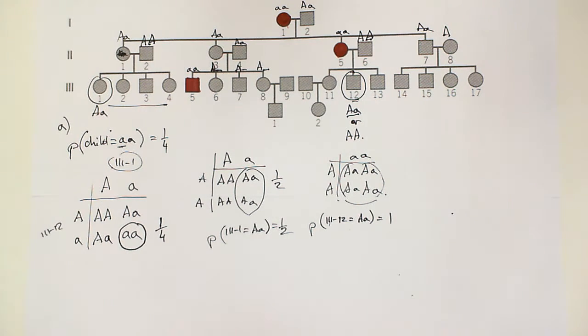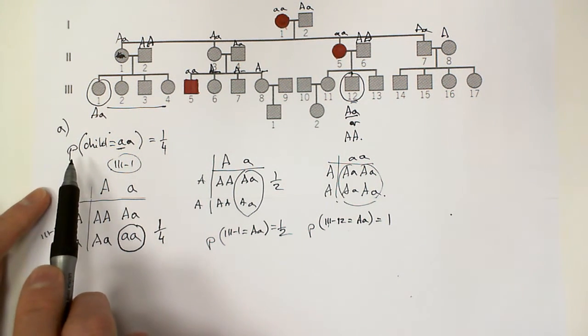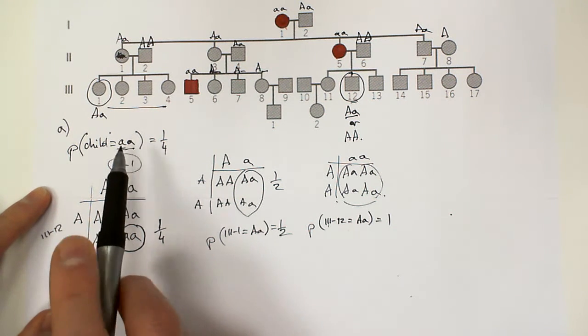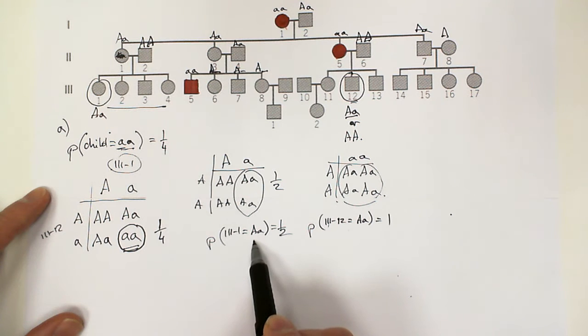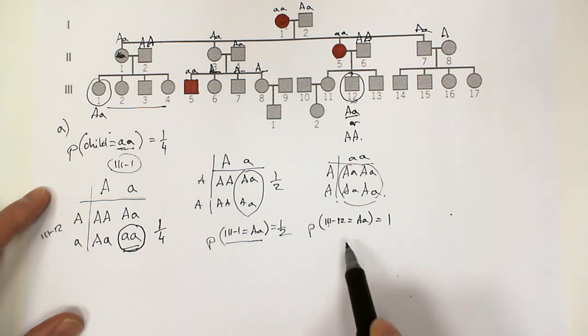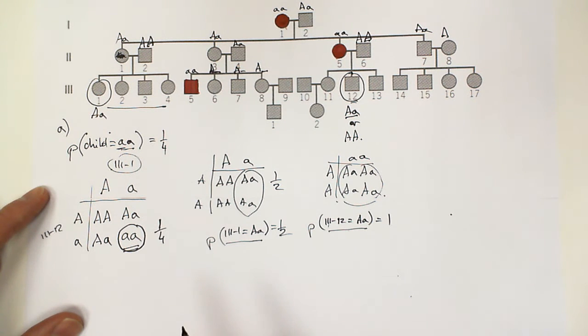So now again, the total probability or the chances that this child is little a is then equal to the possibility of the child getting this genotype from their parents, and also the probability that this individual is big A, little a, and the probability that this individual is big A, little a, which basically means that we're going to have to be doing the product rule, because all three of these events have to happen in order for us to get this child.